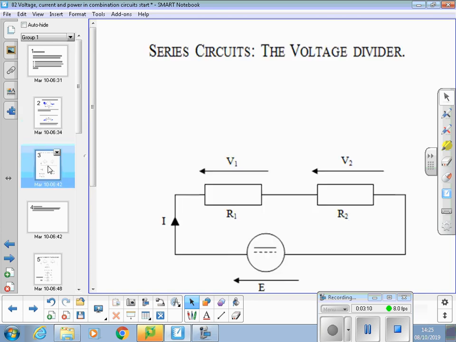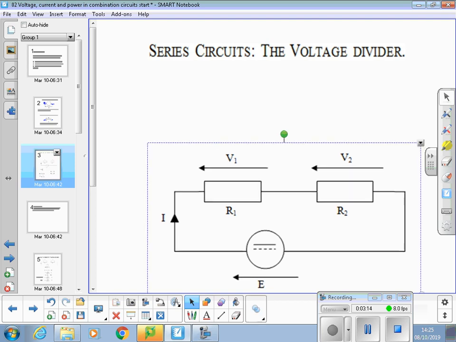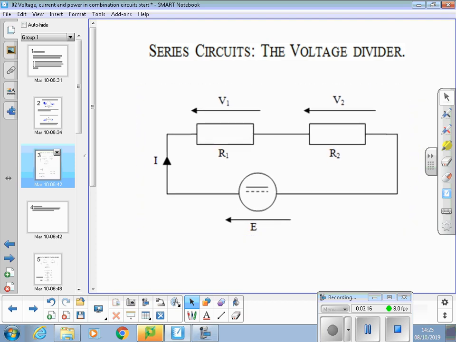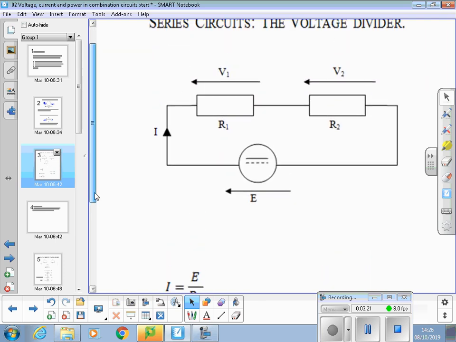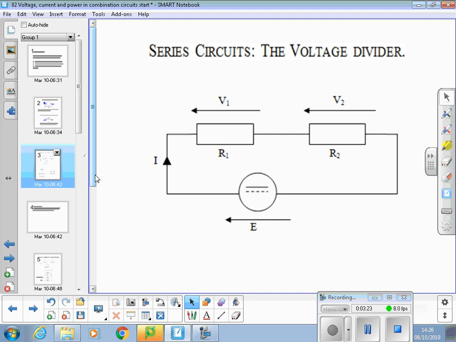So, if we look at a series circuit, commonly known as a voltage divider. Okay, so we've got a source E, arrow pointing that way, so that end is the positive end of the source, that end the negative. We'd expect current to travel away from the positive all the way around the circuit and back here.